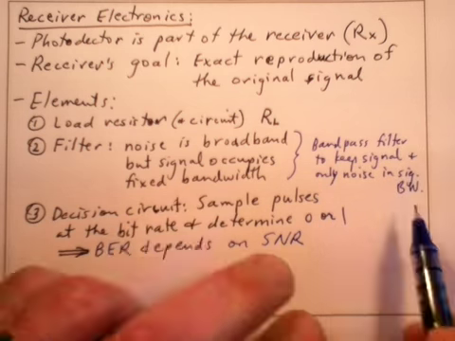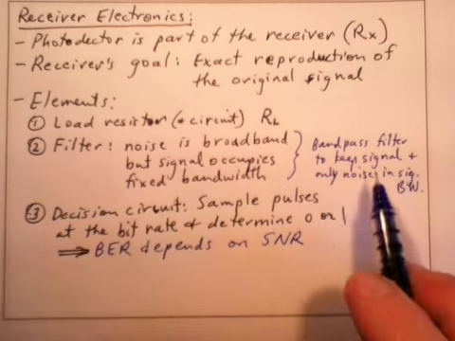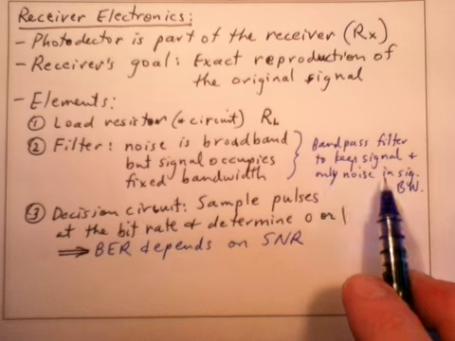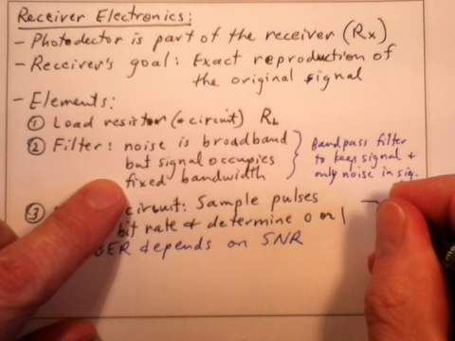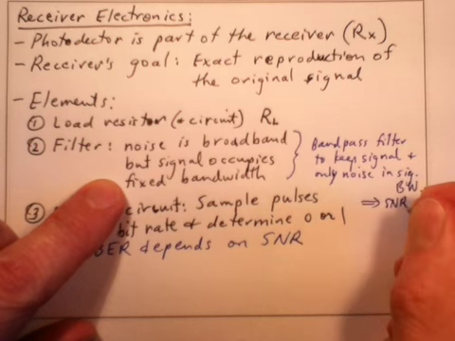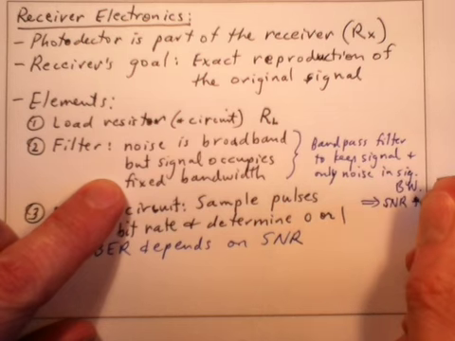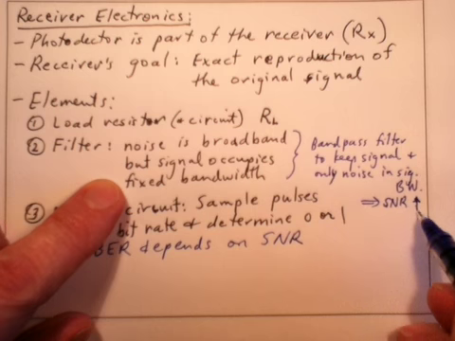All the noise that is in frequencies outside of that signal range we don't need, and we filter it out. And that helps increase the SNR at the receiver. So the SNR goes up.